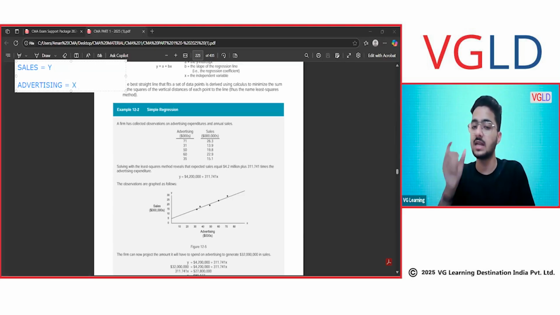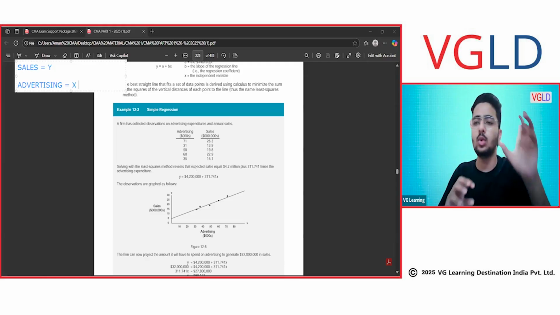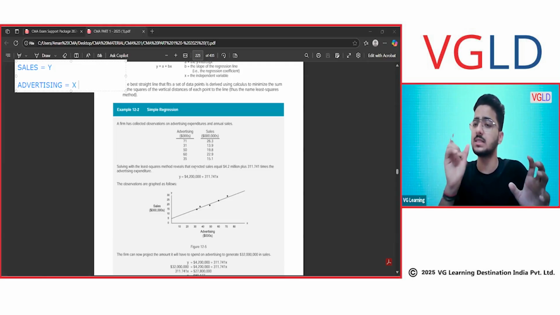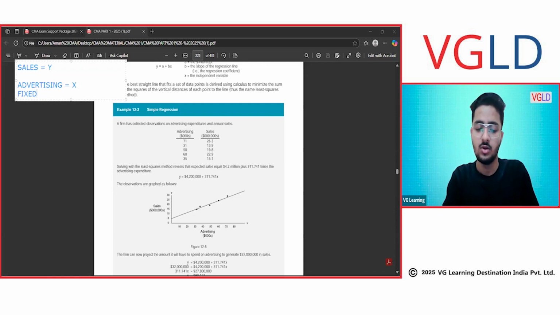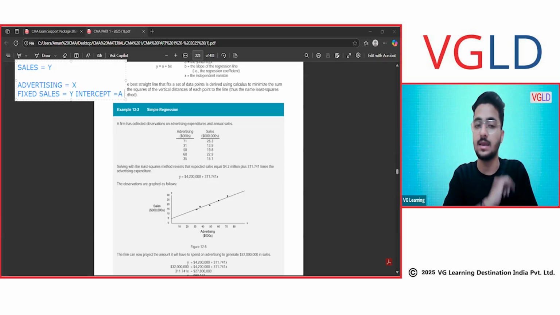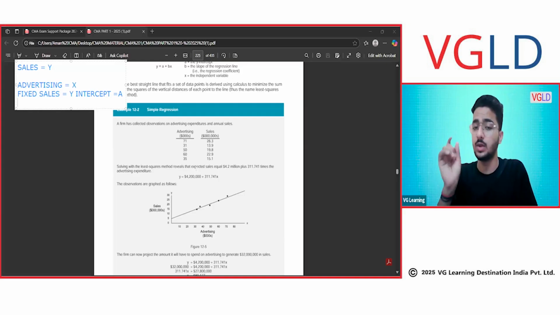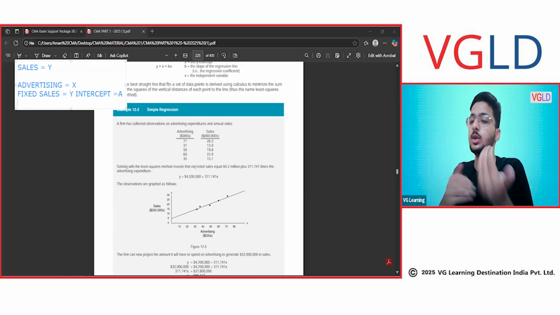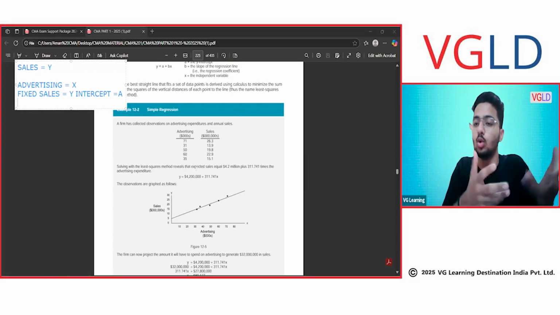But still, I need a certain fixed cost. Solving in the least square method reveals the expected sales. Whether I do advertising or not, there will still be a certain amount of sales. That is known as your fixed sales, which is your y-intercept, or you can call it A. And there is a per unit factor, how many units are being sold.